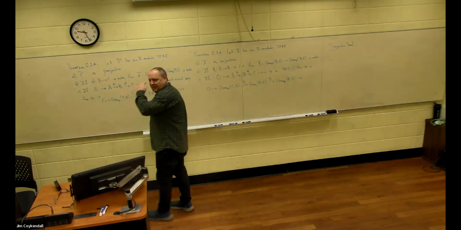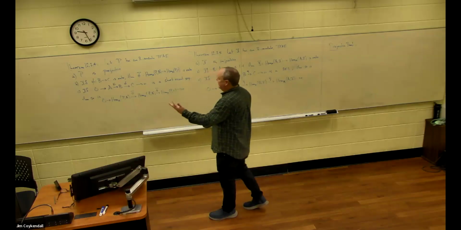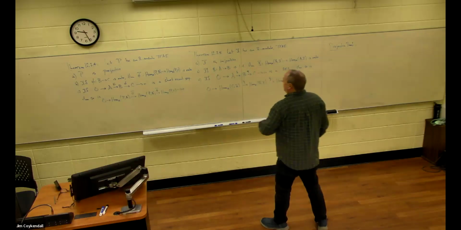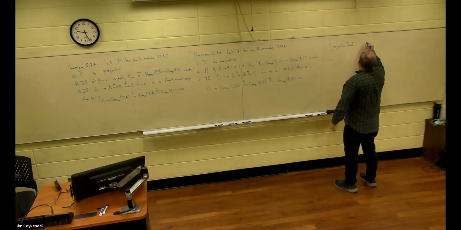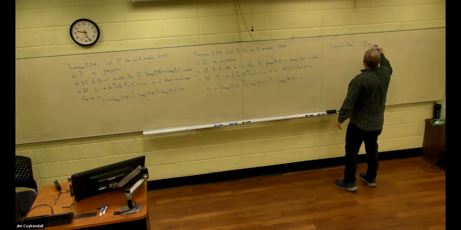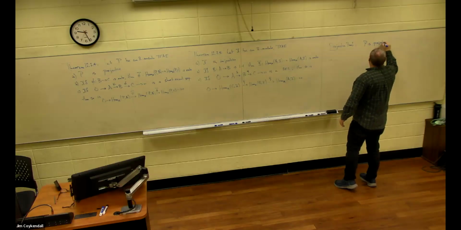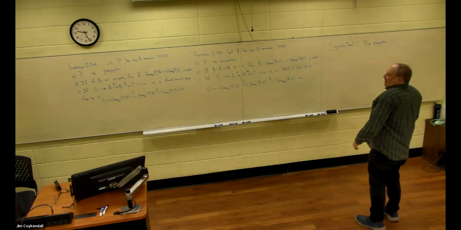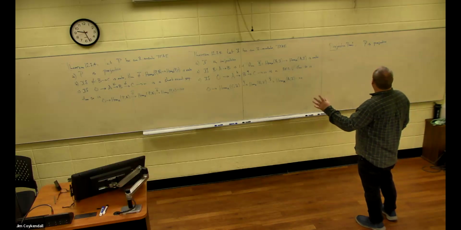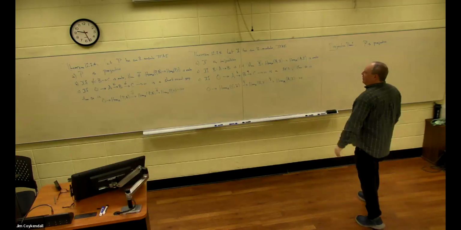So we're going to assume that P is projective, and we're going to show that if you have an onto map, then the Hom is onto. So P is projective, and you have φ from B to C is onto.